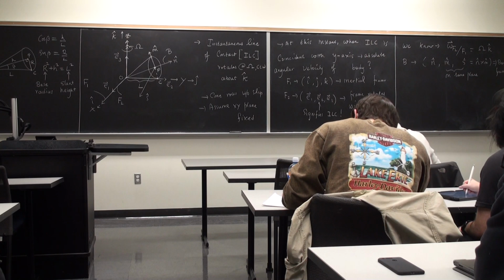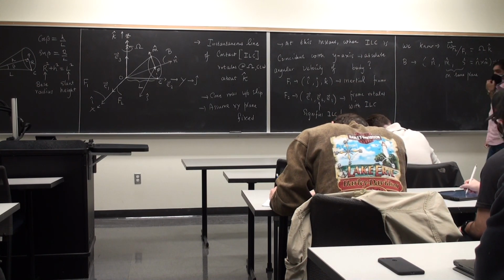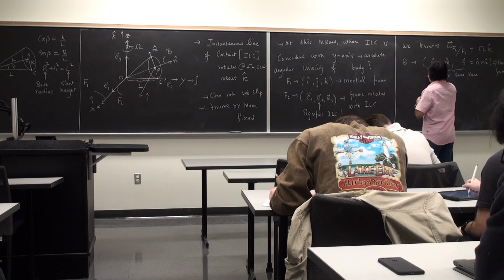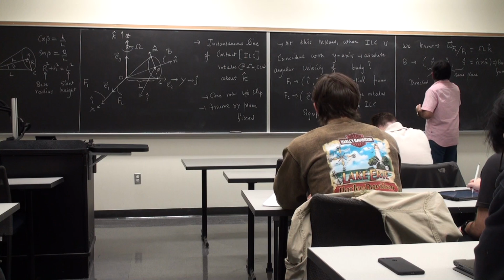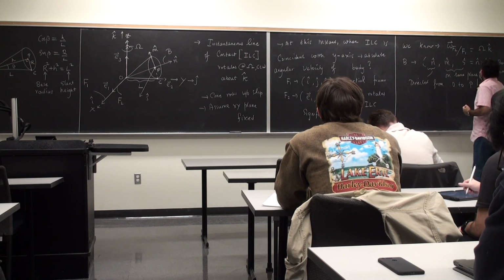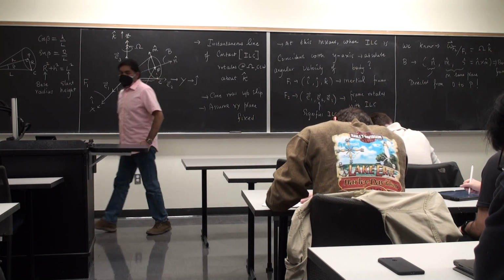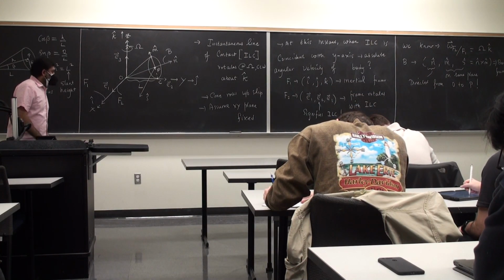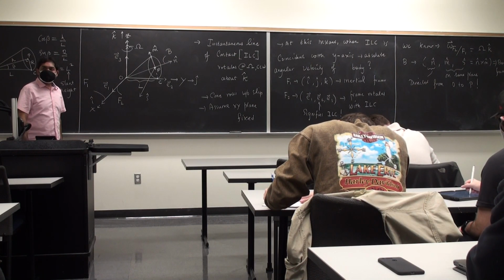And N hat is always directed from the point O towards the point P of the base circle. Does everything make sense? Yes?